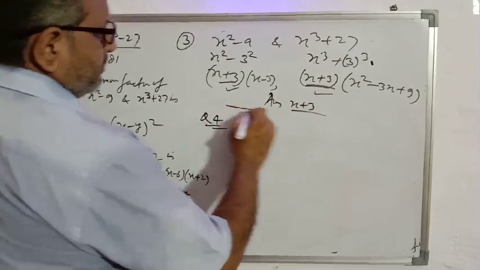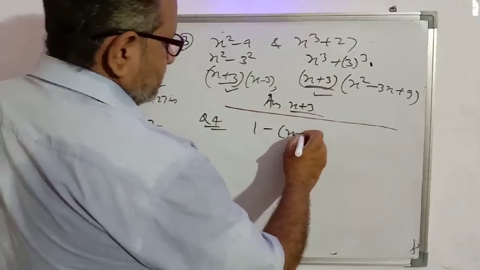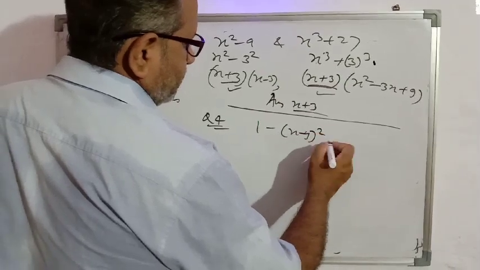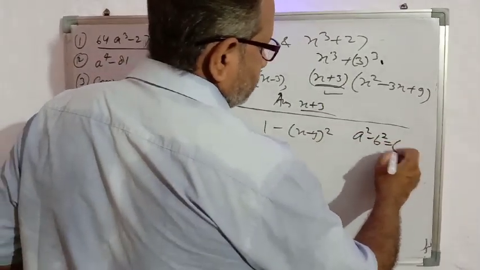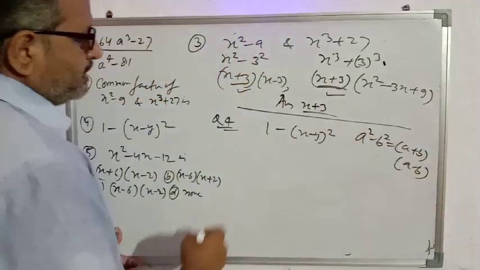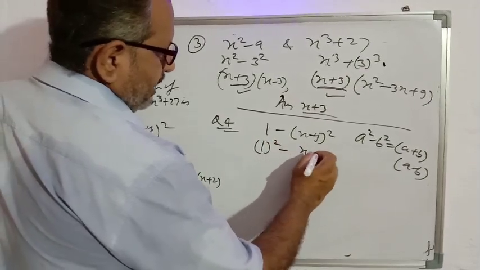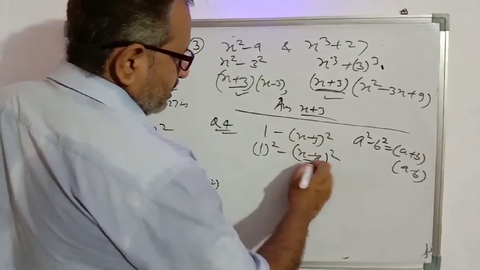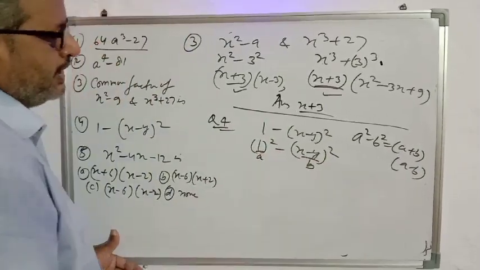Question number 4. We have to factorize 1 minus (x minus y) whole square. Again we will use a square minus b square: (a plus b) in one bracket, (a minus b) in the other bracket. So we can write it as 1 square minus (x minus y) whole square. This x minus y we can suppose b and 1 as a.